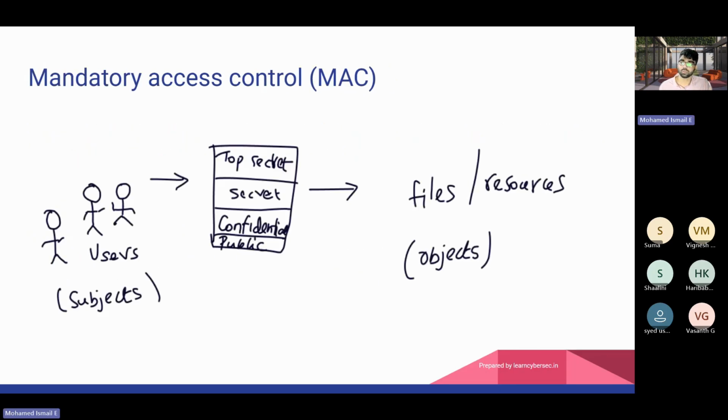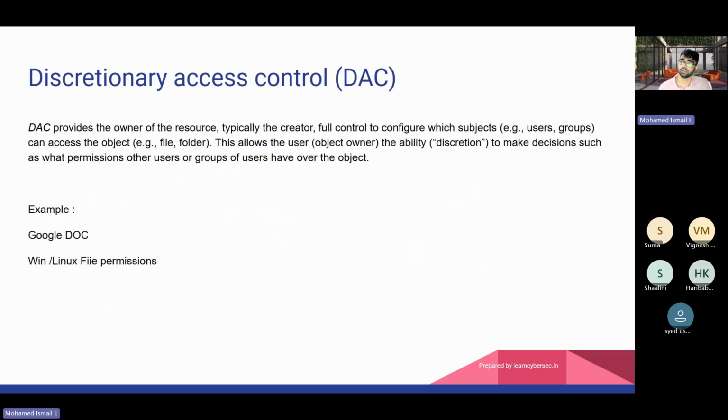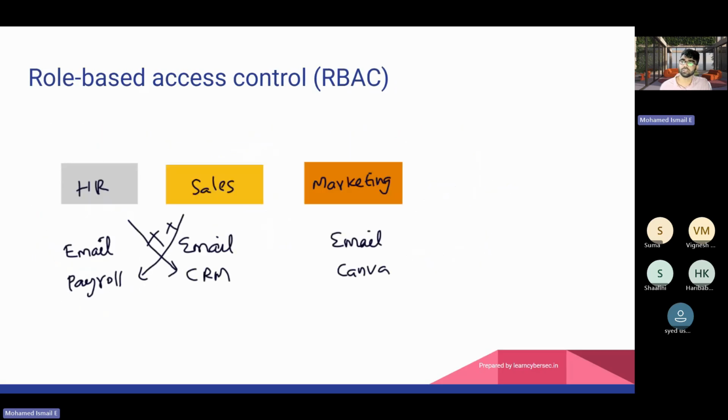MAC was the oldest one. It was in most of the file systems, Windows, Mac, or Linux. You will see mandatory access control easily, because whenever you create a file, you may give access to everyone or a specific user. That way, MAC ruled the industry. DAC is primarily what Google Docs leverages. Role-based access control is in any admin console, primarily AWS or Azure.